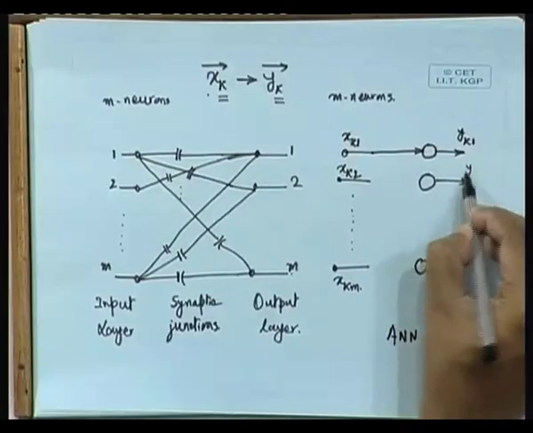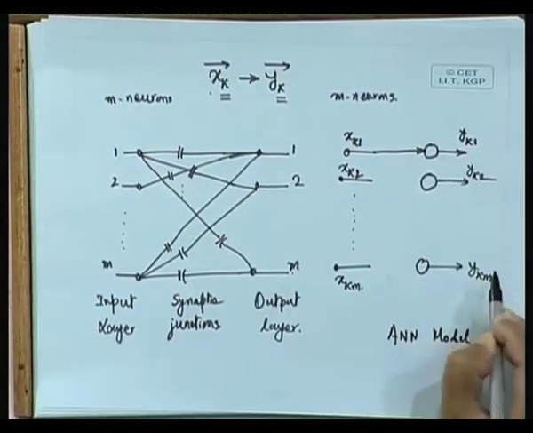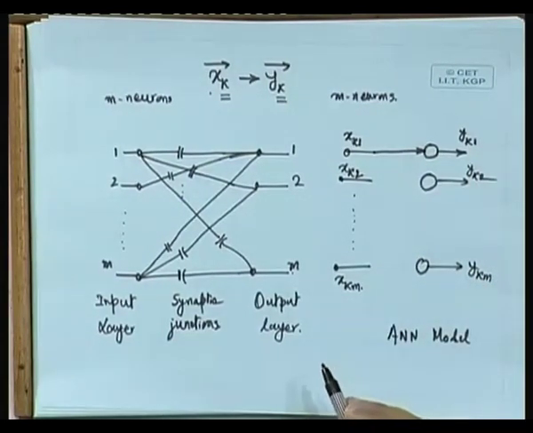So yk1 will mean the output from neuron indexed as 1 for the pattern k, right. So we will have yk1, yk2, etc. up to ykm, just because in this particular case we had considered the number of input neurons and the number of output neurons to be the same, and as I told you, they could be different also.